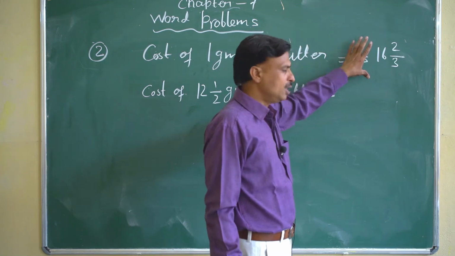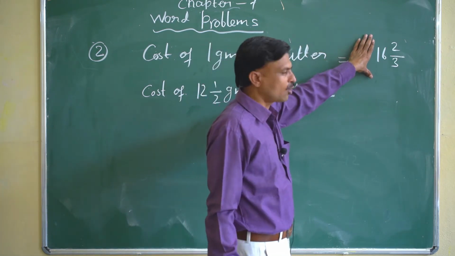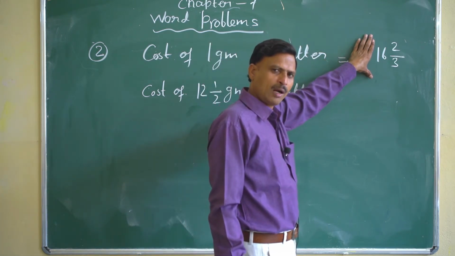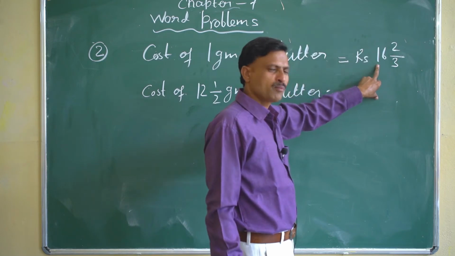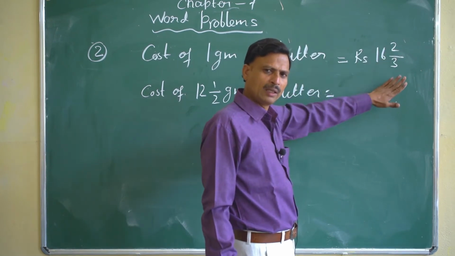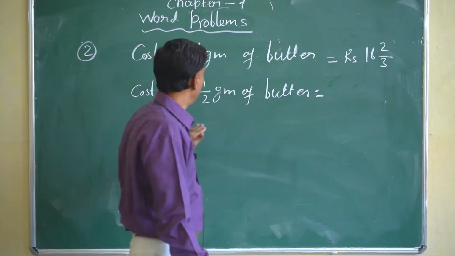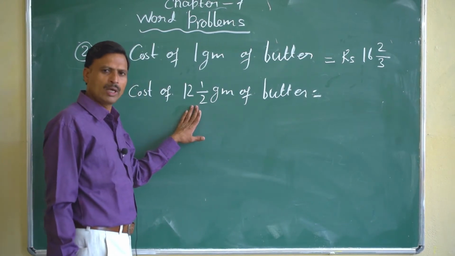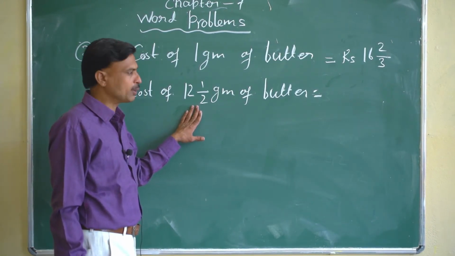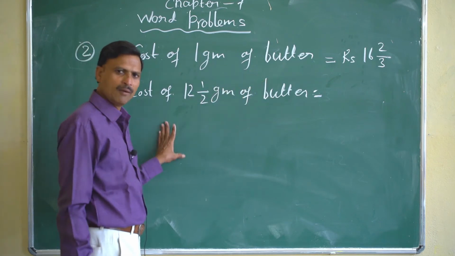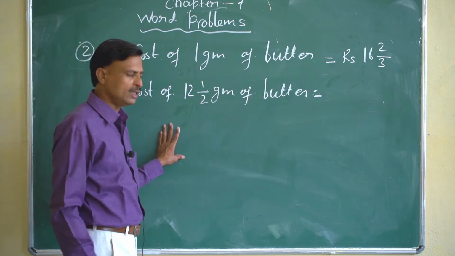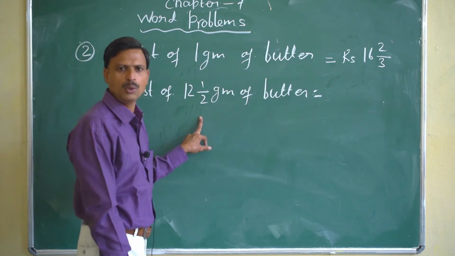So the cost of 1 gram of butter, that is 16 whole number 2 by 3, will be multiplied by 12 and a half gram quantity. Because the 1 gram cost is given and we want to find more than 1, that is 12 and a half, so we have to multiply.